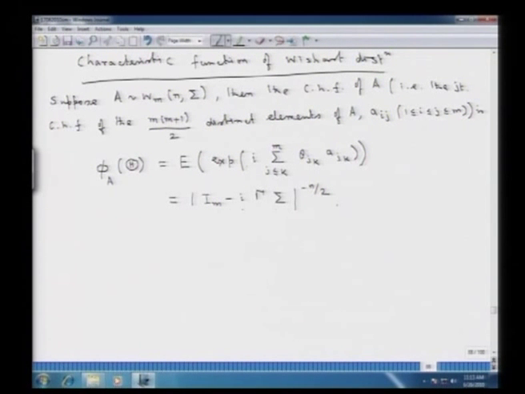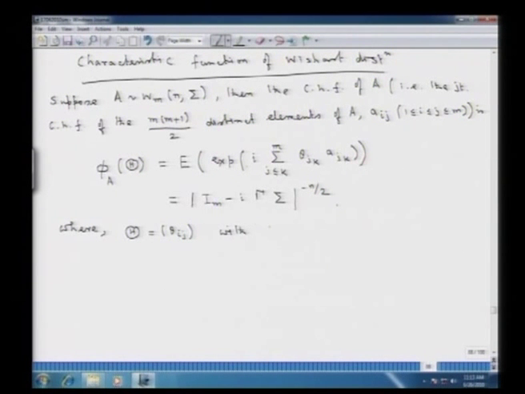So, this is the characteristic function of a Wishart distribution, where we have these notations that we have already introduced, where script theta is a matrix having elements theta i j.